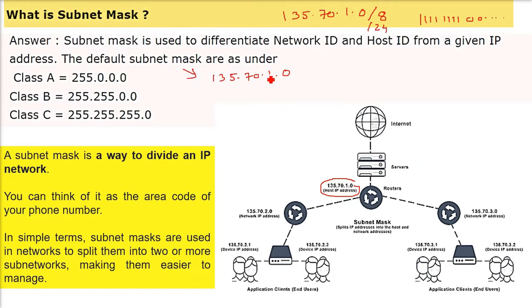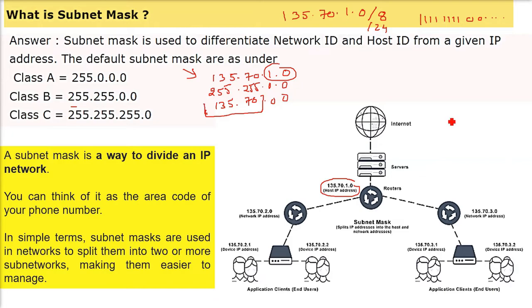As you know, 135 is a class B, so we just AND it with the class B subnet mask, 255.255.0.0. Because 255 is all 1s, you will get 135. Similarly for 70, the 1s stay and the 0 remains 0. So this part is your network ID. This is how you get the network ID.